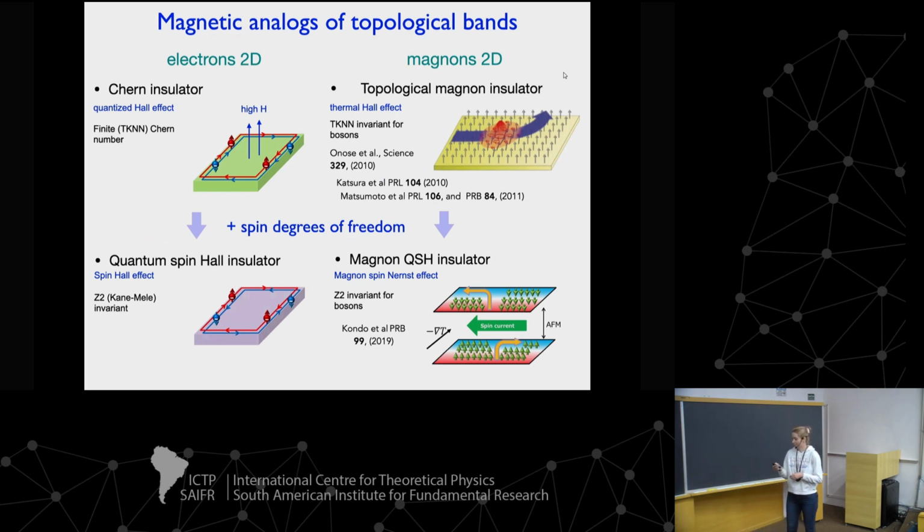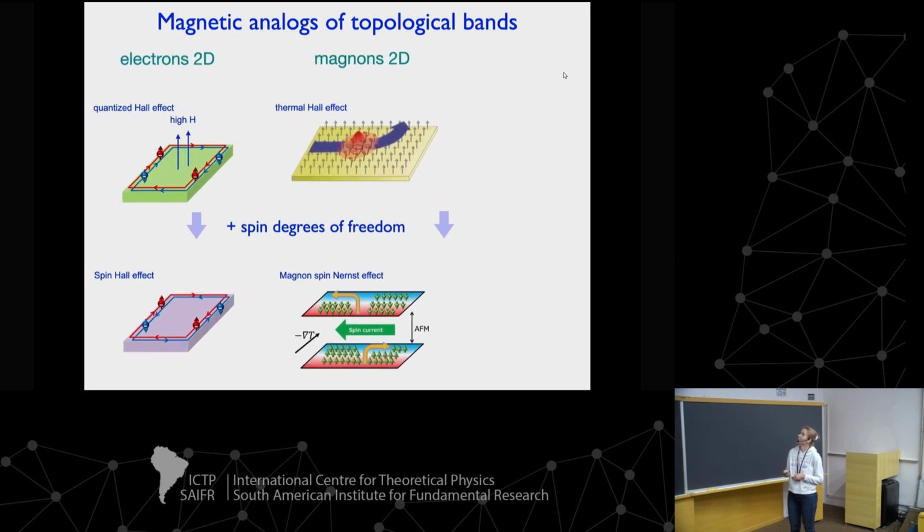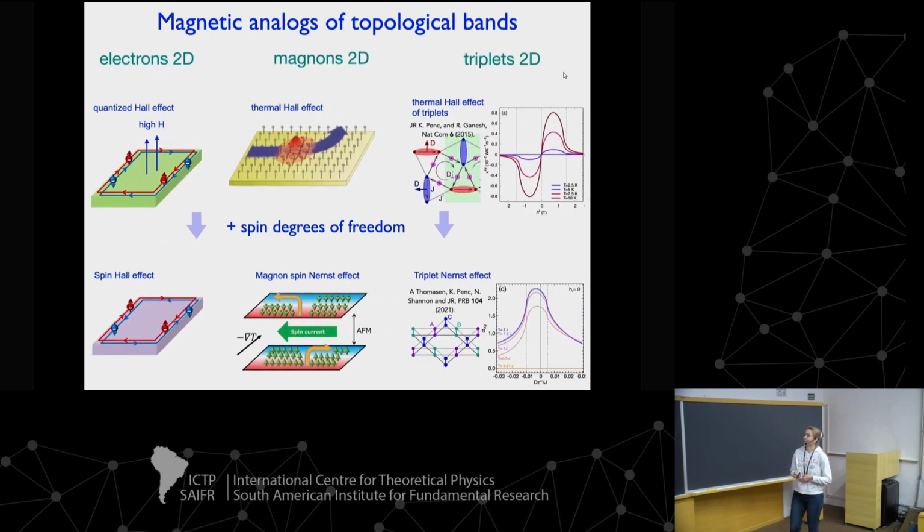Right. Okay. So here I was saying that I'm going to talk about triplet excitations, which are very similar to magnetic excitations, but instead of having an ordered magnet, we have a magnetically disordered singlet ground state, and for those, a triplet would be the excitation.